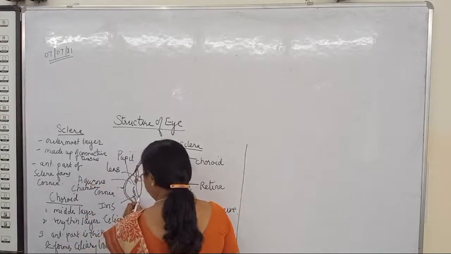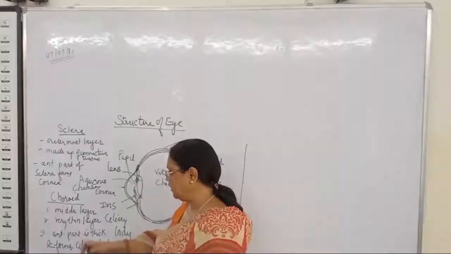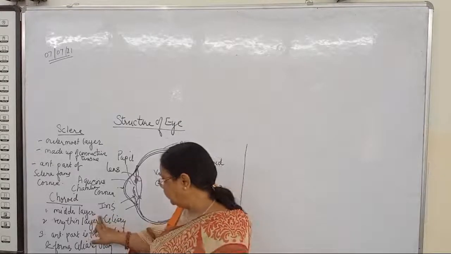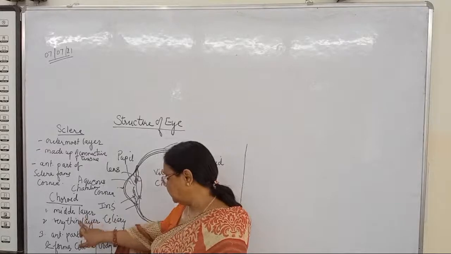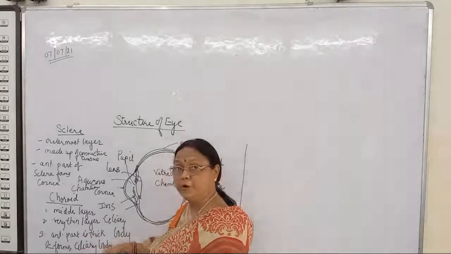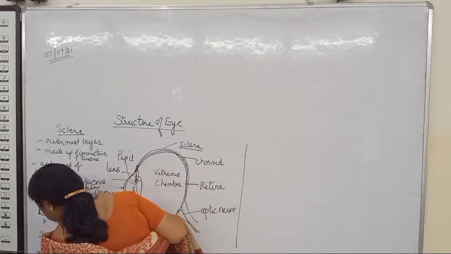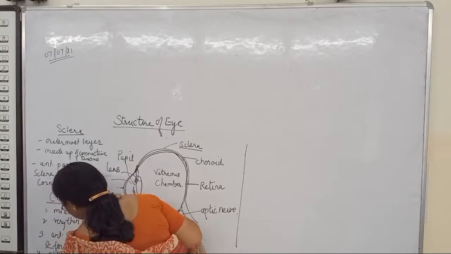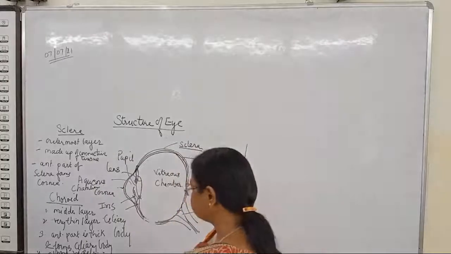You have ciliary muscles also that hold this lens. So you must remember about the choroid: a middle layer, very thin layer, anterior part thick, forms the ciliary body, and it contains blood vessels.